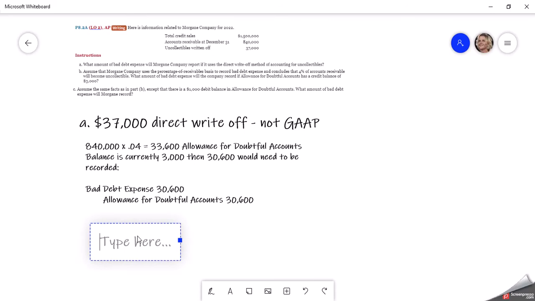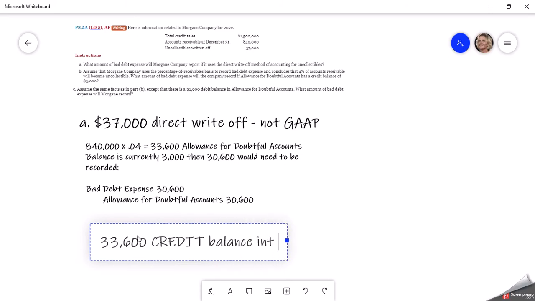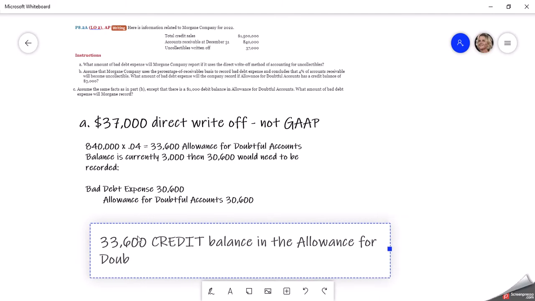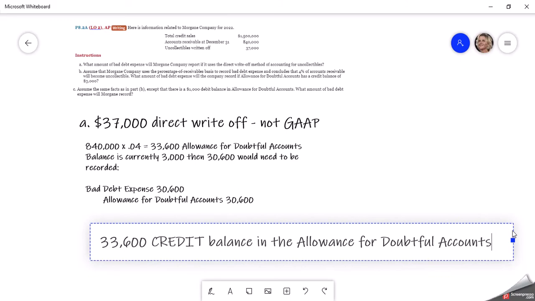So again, we want to have a $33,600 credit balance in the allowance account. So remember, it should be a credit. That's kind of the key. That's why I made that all caps.